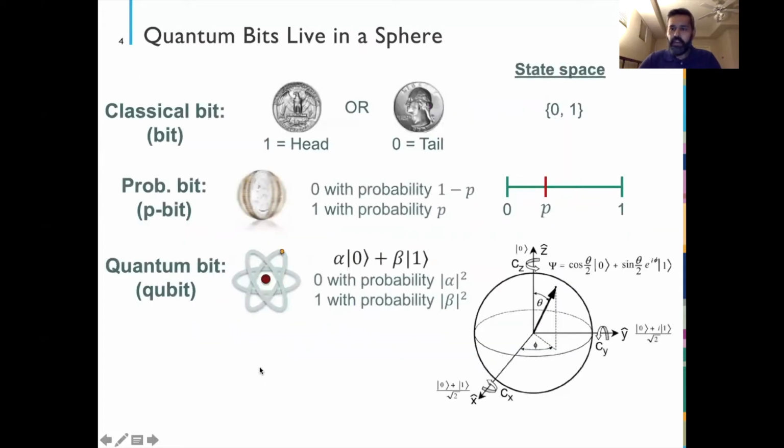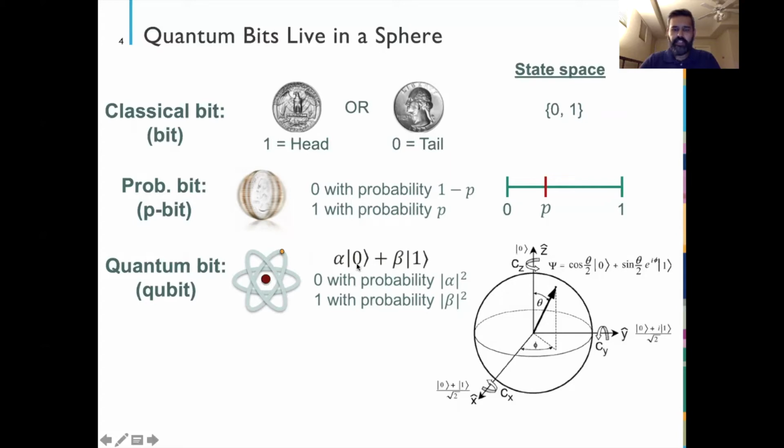So before we get into quantum generalizations of these problems, let me tell you a bit about qubits. In the deterministic setting, of course, if we have Boolean variables, they take 2 values, heads or tails. In the probabilistic setting, we can imagine assigning a real value to each variable. And in the quantum setting, which is even more general, it's kind of like the probabilistic setting in that we have a state, and the state has information that we can't directly access, but what we can do is measure it.